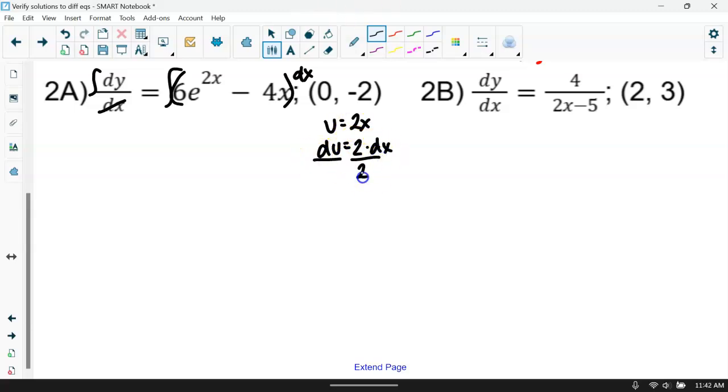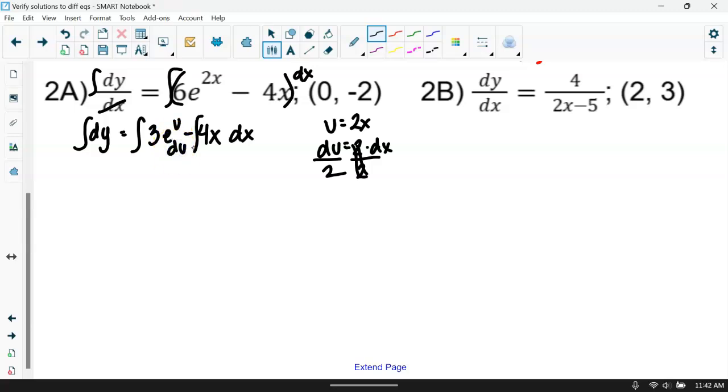So after dividing by 2, and 6 divided by 2 is 3, you end up taking the integral of dy, which is equal to the integral of 3 times e to the u, because that was your 2x, minus, and then here, integral of 4x dx.